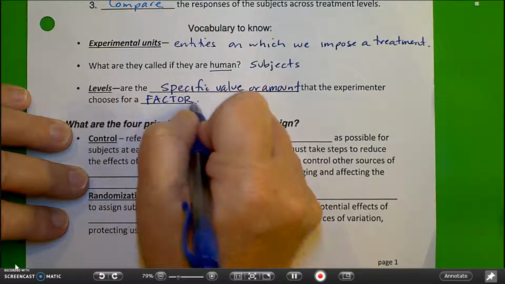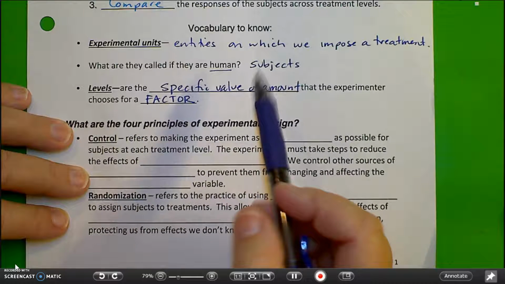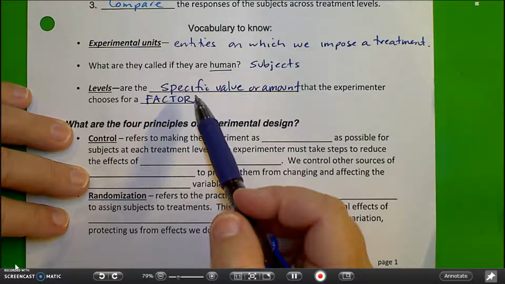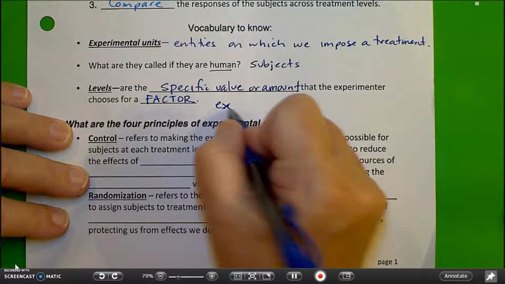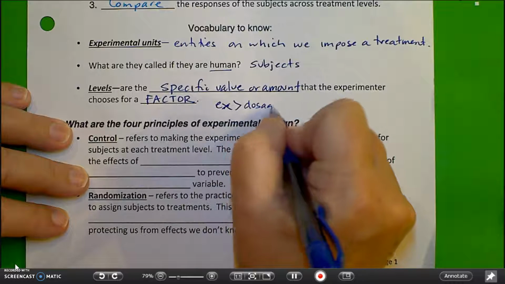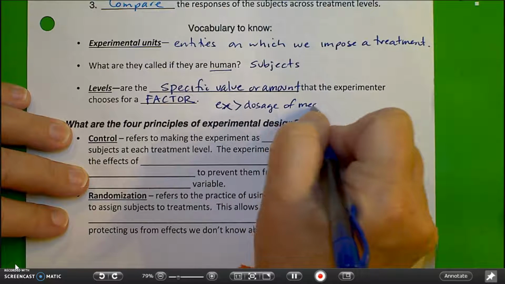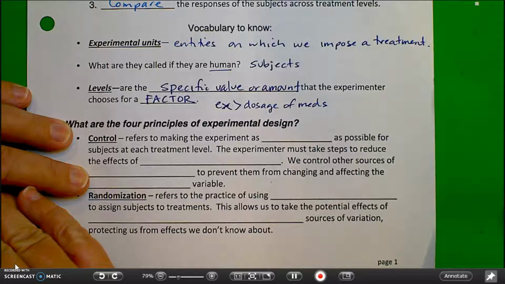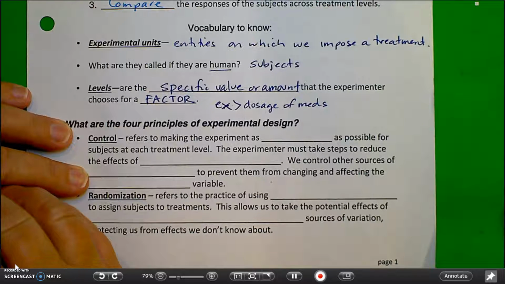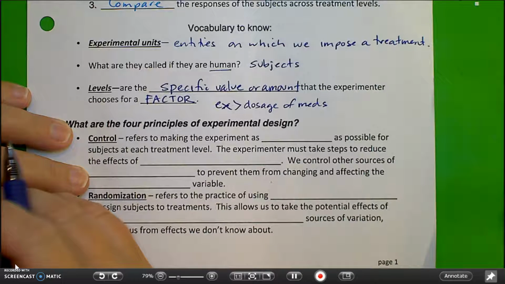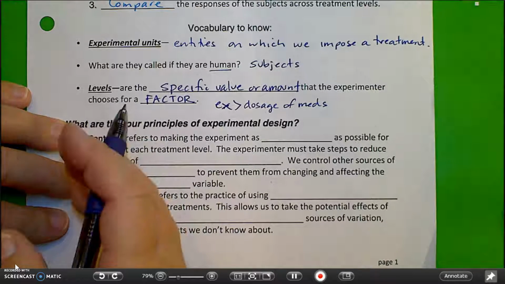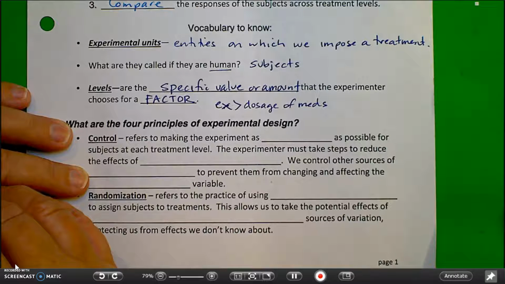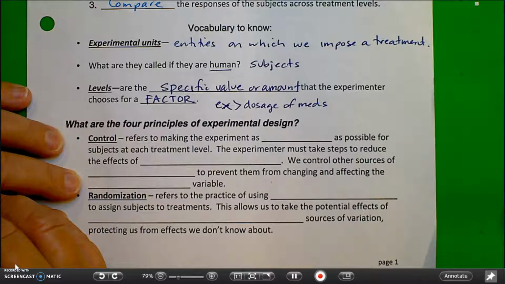And if you remember from earlier, the factor is just a level of an explanatory variable. So the example would be dosage of medicine. You might try an experiment where 3 different levels of treatment are applied, like 10 milligrams of a drug, 20 milligrams of a drug, 30 milligrams of a drug, to see how each dose would work.